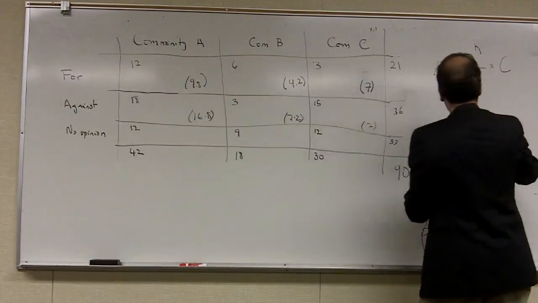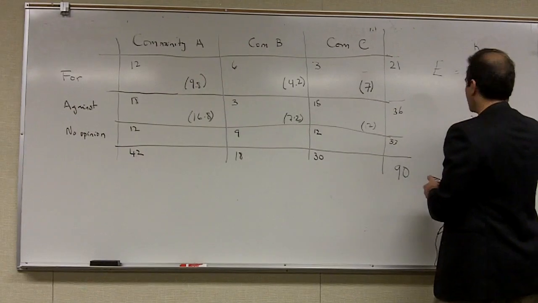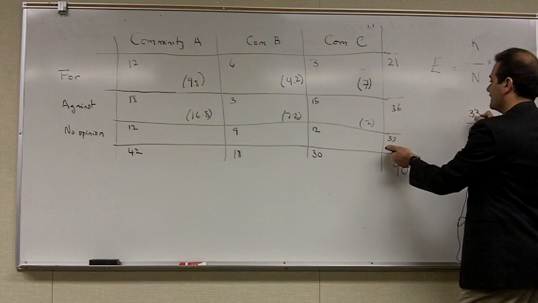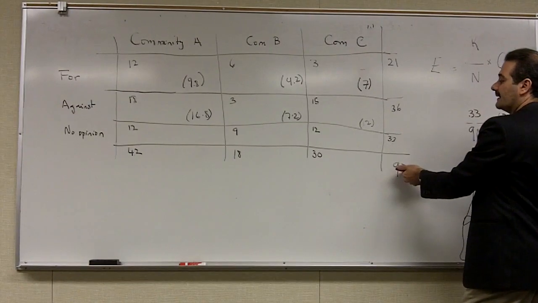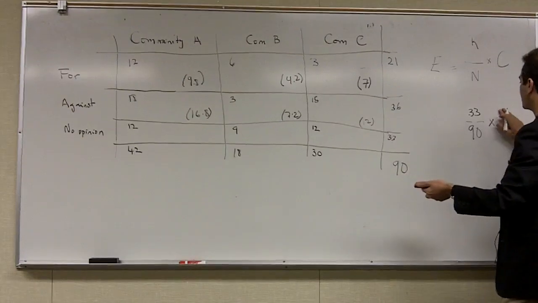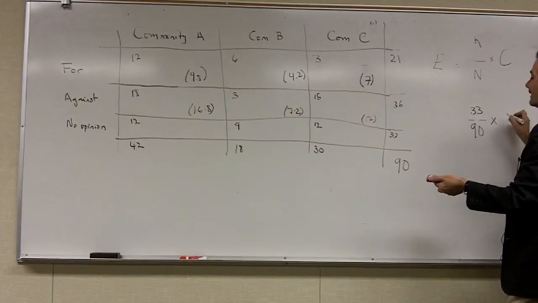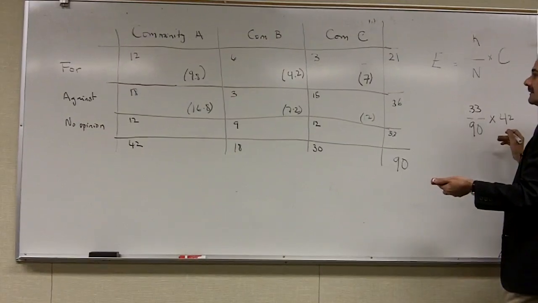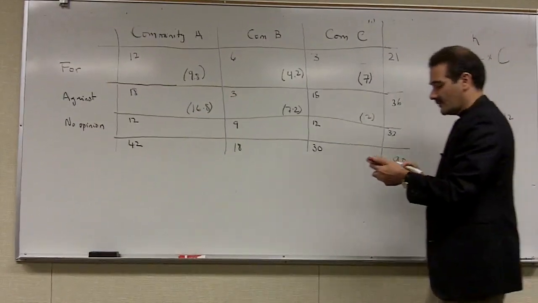You take each of these values, the column, the row, 33, divided by 90, multiplied by the appropriate column. In this case, it would be 42. Start out with 42, 33 divided by 90 row.